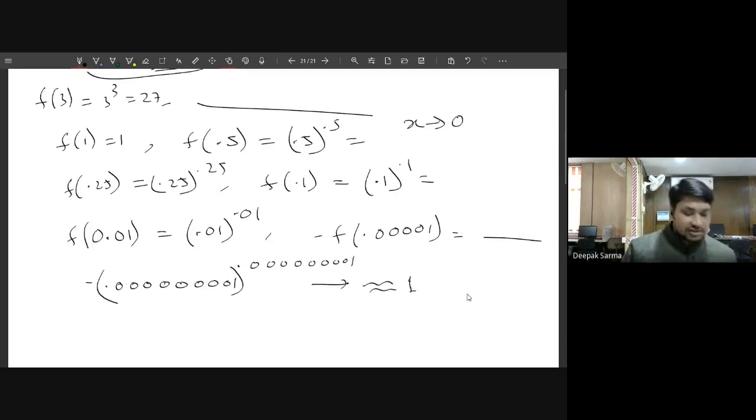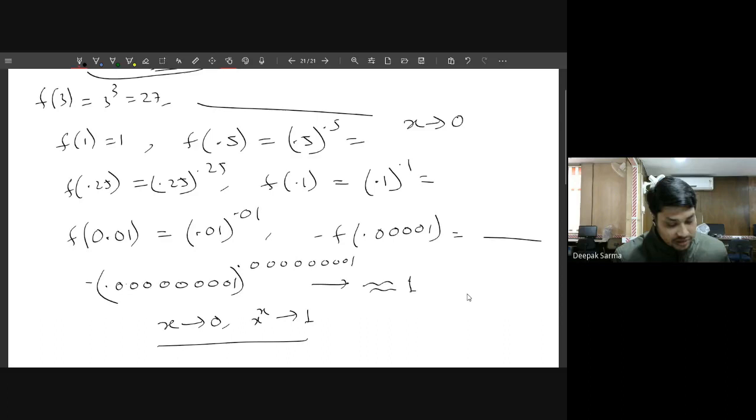If you go towards 0, this particular function will go towards 1. You can try with calculator. So the more closer you are to 0, x to the power x will be more closer to 1. It seems that x to the power x is 1 when x is close to 0.